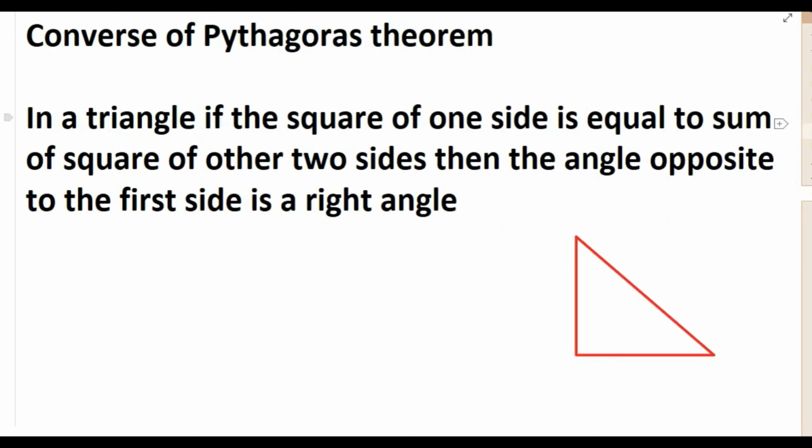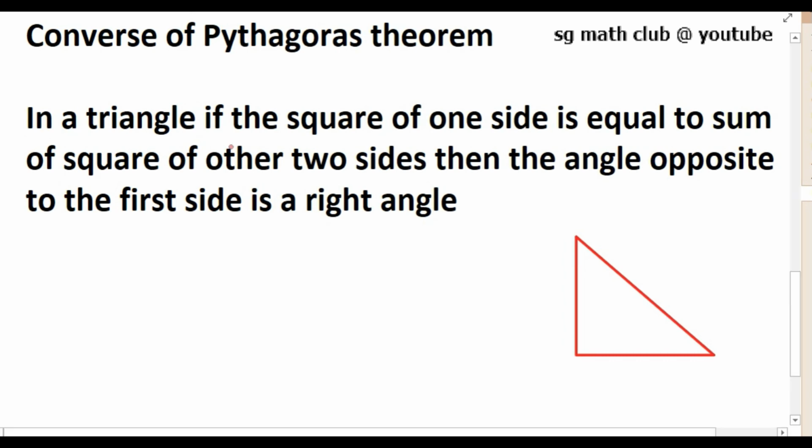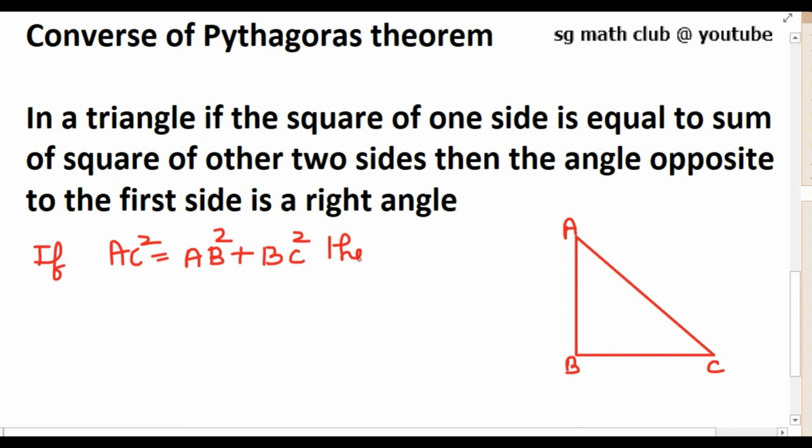So what about the converse of Pythagoras theorem? Is that true? The converse of Pythagoras theorem states that in a triangle, if the square of one side is equal to sum of square of other two sides, then the angle opposite to the first side is a right angle. So if AC square is equal to AB square plus BC square, then the angle opposite to the hypotenuse will be a right angle.